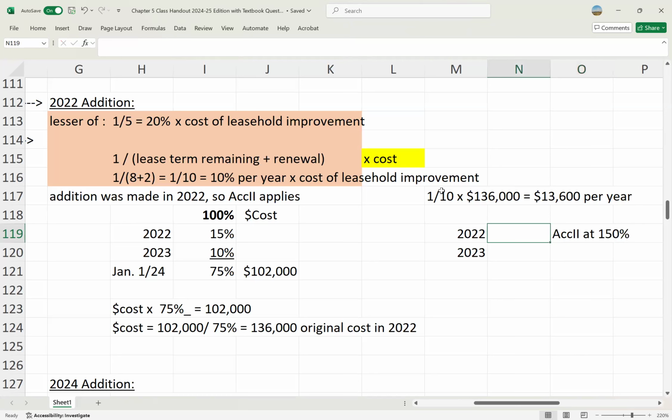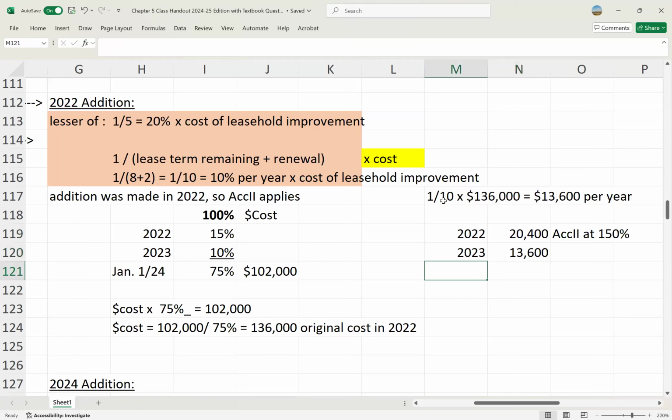So 1.5 times 13,600 is 20,400. But then every year thereafter, we would deduct 13,600.